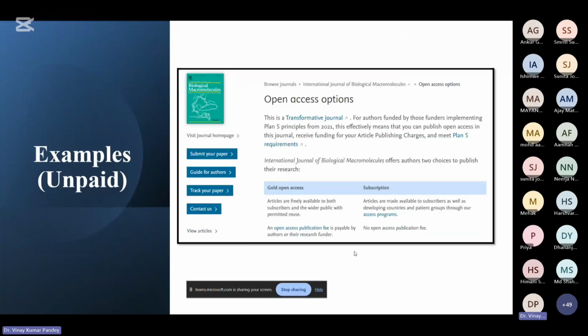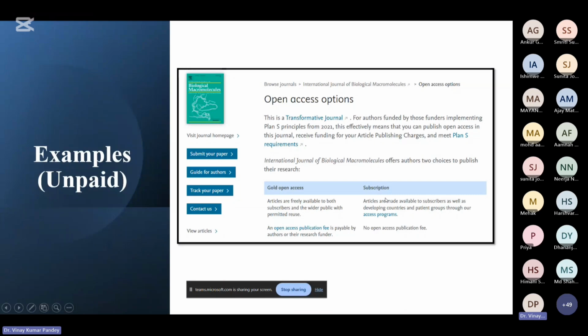Now, this is a screenshot of a journal which has both options, gold open access and subscription. Gold open access means they have publication charges, and subscription means they do not have any kind of charges. The difference is, in gold open access journals, you are paying for the publication, so the readers will be reading it for free. But in subscription, you are not paying any fee, so they collect the fee from the readers.